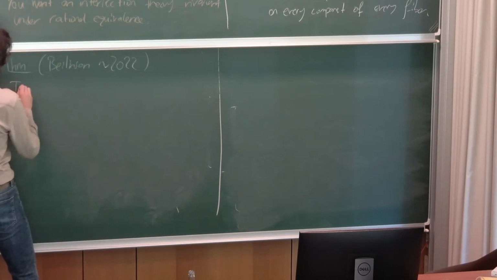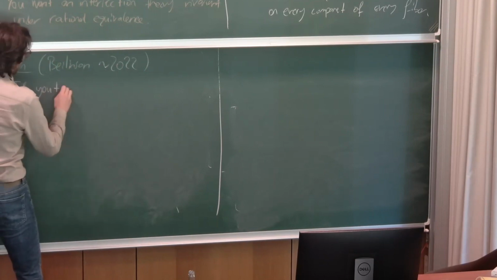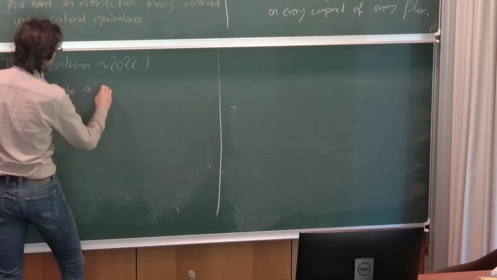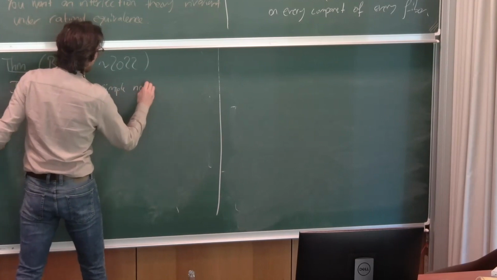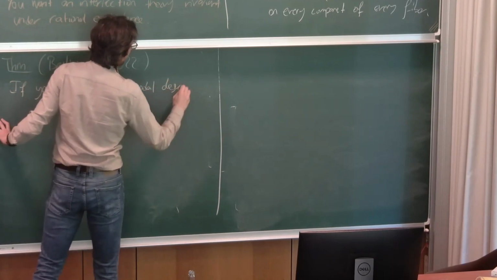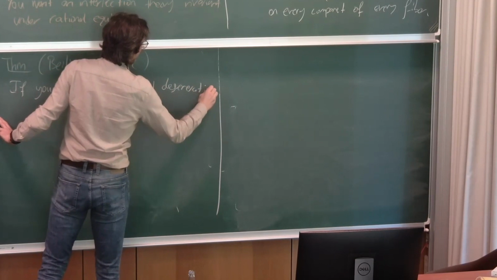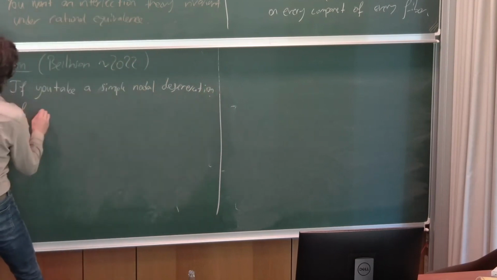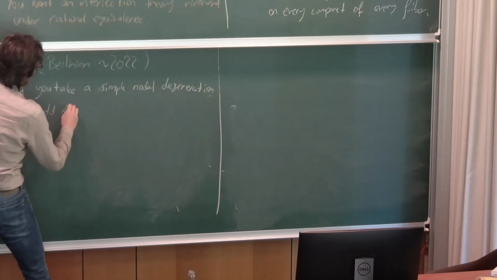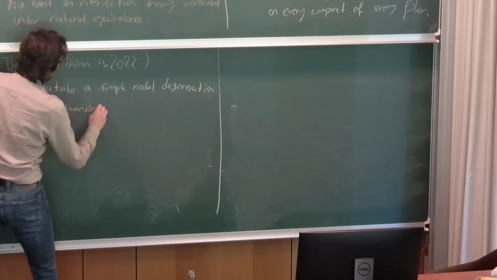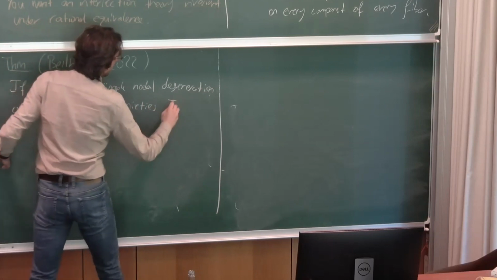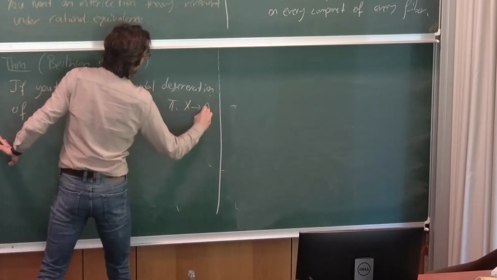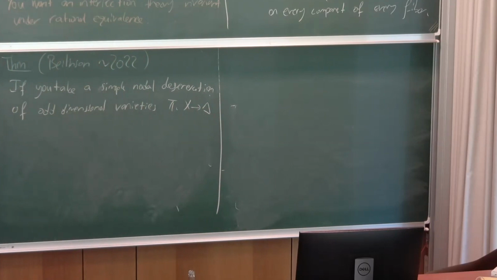He's saying that, in fact, if you take a degeneration, so a simple nodal degeneration of odd dimensional varieties, so of course curves are one dimensional, that's odd, so it's one of the cases.